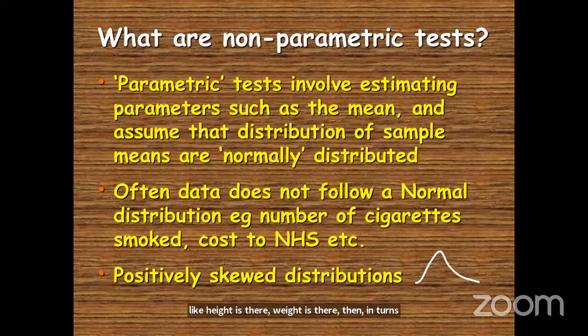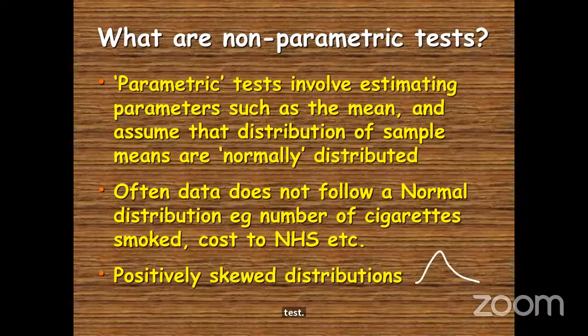If the income is given in numbers, like suppose 20 lakh, 20.5 lakh, or 1.5 lakh, then it becomes continuous data. If your data is like that, you can use the parametric test. Again, one requirement of a parametric test is that your data should be normal. If data is not normal, then you have to go for a non-parametric test.